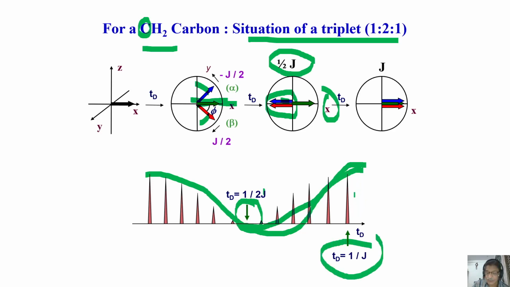What was the earlier case? You remember what happened in the CH case? It was going like this and then becoming a negative maximum. But here it is becoming a positive maximum for CH2 carbons. You see the difference? When the CH carbon intensity was negative, at the same point, the CH2 carbon has a positive intensity.